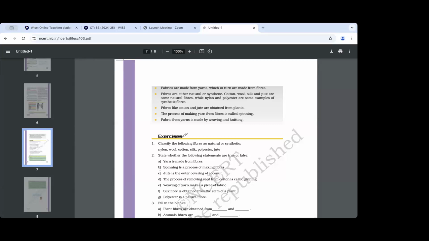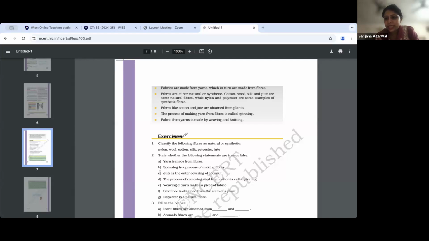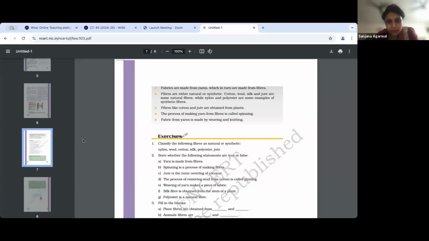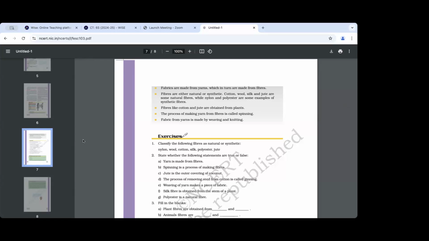Wait, weaving by three yarns? Ma'am, like some yarns are put in alternate sides, like one to the right and one to the left. They go in alternate directions.